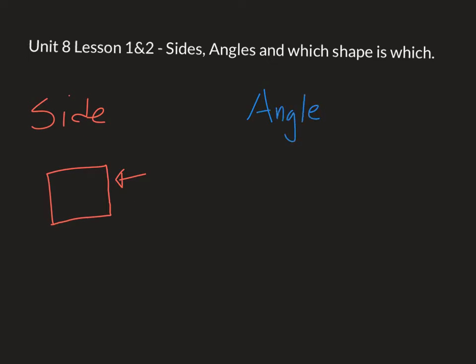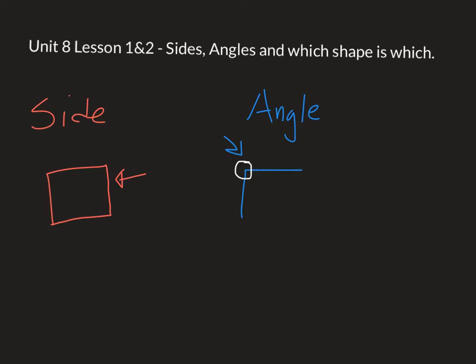An angle is any point in which two lines meet. Right there. It's a corner, basically. So if these two lines meet at this point, this point is where we can find the angle.